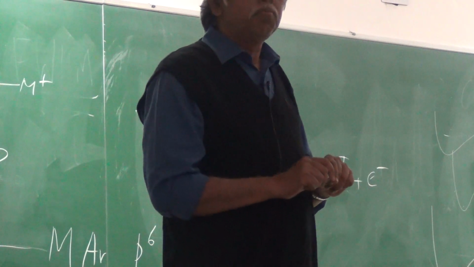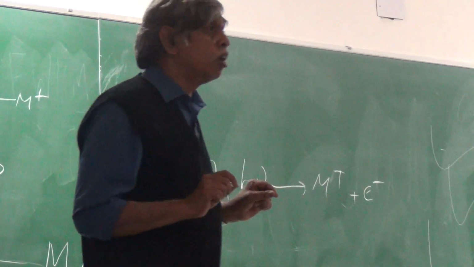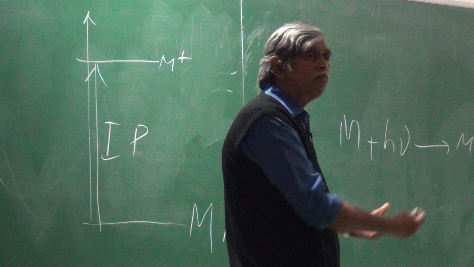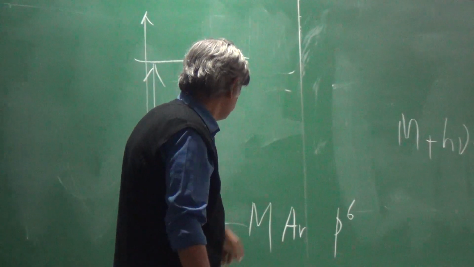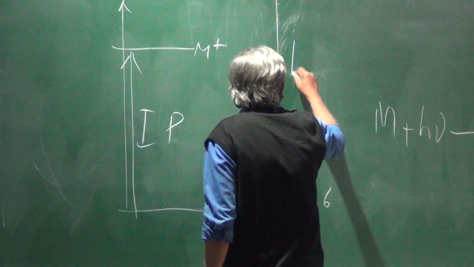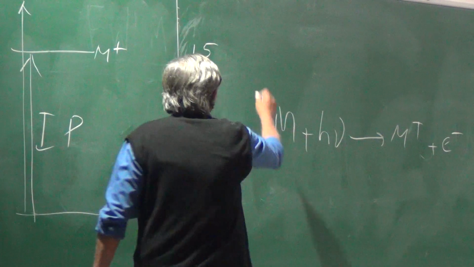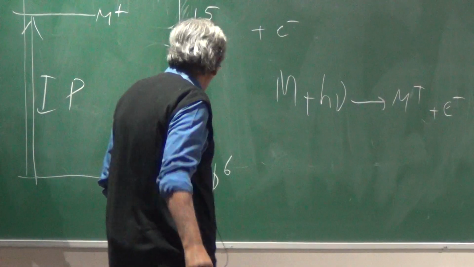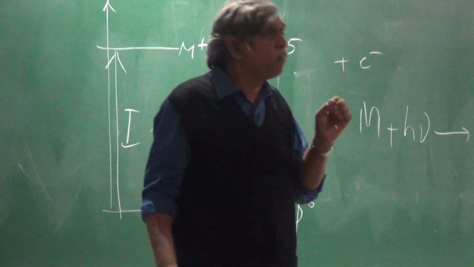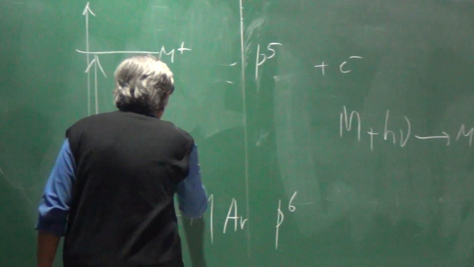The one that is very ready to leave, now the most ready to leave, is going to be the outermost orbital, the extremely peripheral located valence electron, which is the p6. So what is the electronic configuration here? p5. The one electron has already gone out. And this is going to be the energy that is required to remove the electron from argon, and therefore it's the ionization potential of argon.